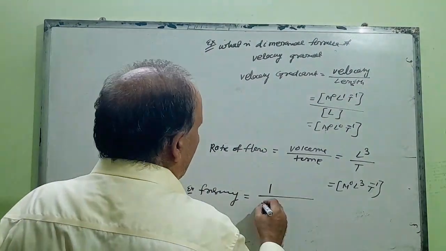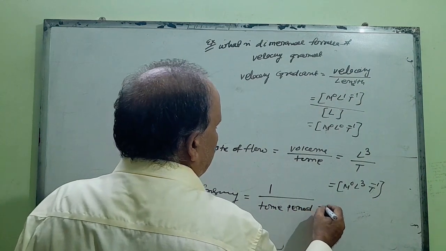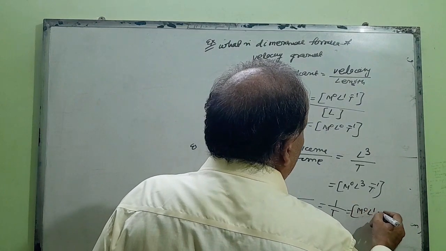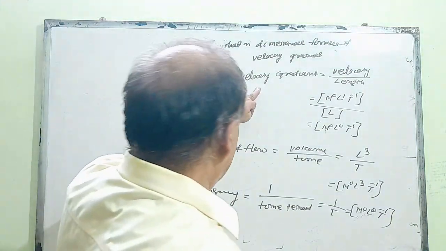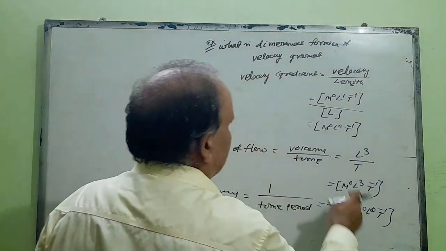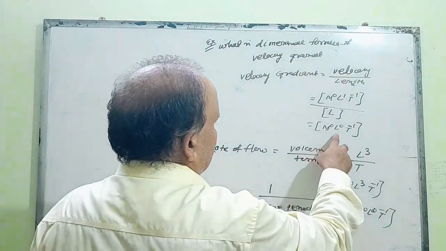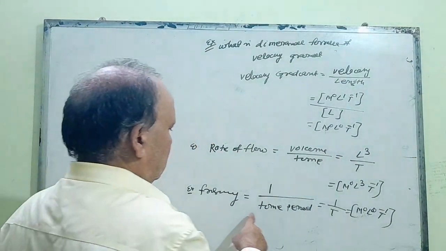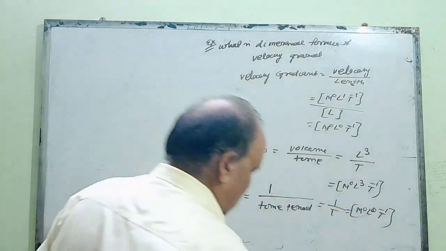Frequency is what? 1 by time period, that is your 1 by T, that is your M0 L0 T to the power minus 1. You see, velocity gradient and frequency have same dimensional formula, that is M0 L0 T to the power minus 1.